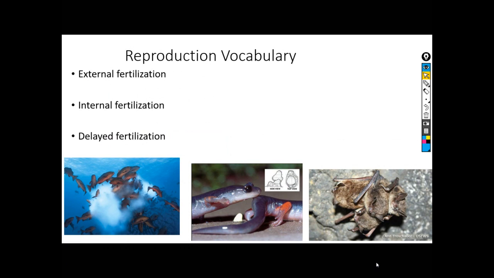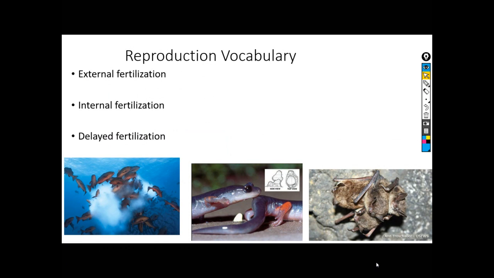Then we'll use them a lot in classes too, particularly in our subclasses, our subgroupings, or our orders, right? These are terms we're just starting to get familiar with, to help us differentiate how these categories fit together. Okay, so we've already talked a little bit about some reproductive terms.